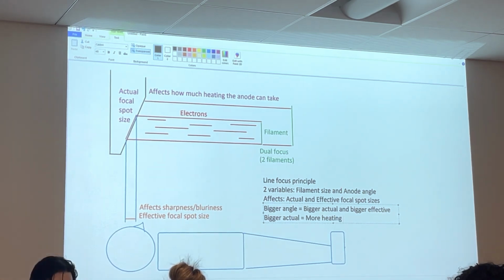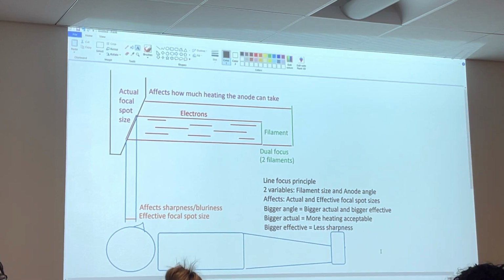The angle, what angle? The target angle. Very good. So I was right? Yes.